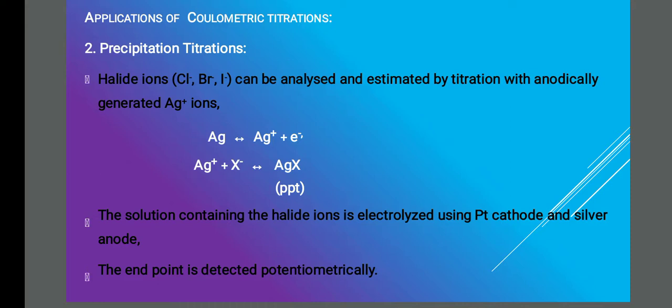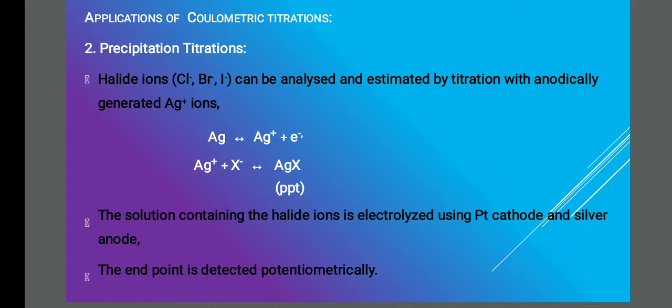At the anode, silver undergoes oxidation to give Ag+ plus an electron, and this silver ion reacts with the halide ion to give the precipitate AgX. The end point is detected potentiometrically, using a potentiometer. This comes under the application of coulometric titration.